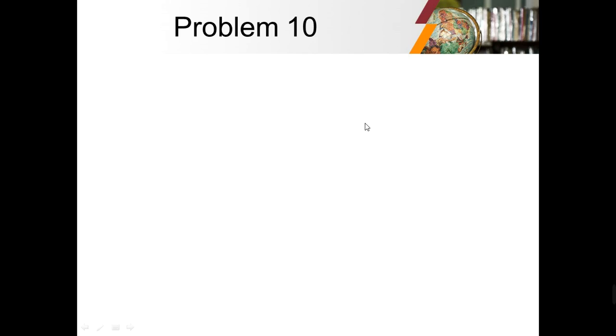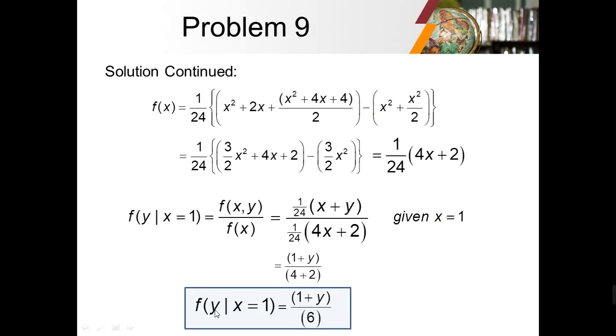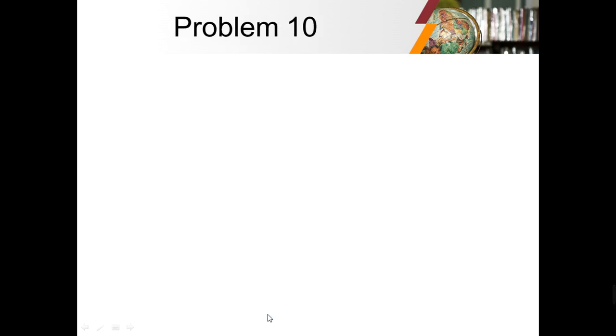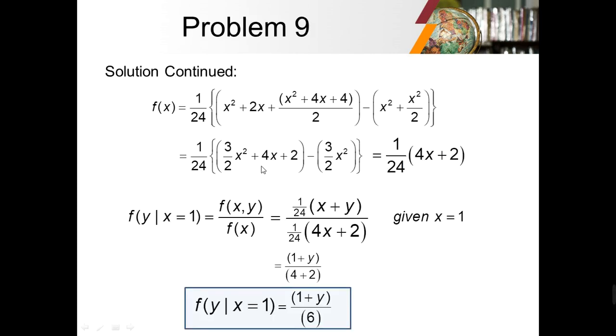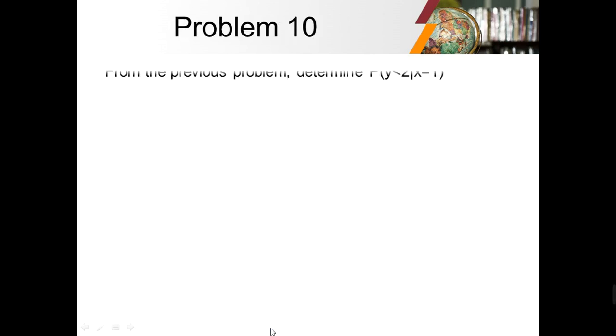So, ang hinahanap natin dito, probability na ang y ay less than 2 given ang x is equal to 1. So, pwedeng itong function na lang na ito ang gagamitin natin. Tapos, i-integrate na lang natin siya in terms ng y. Okay?